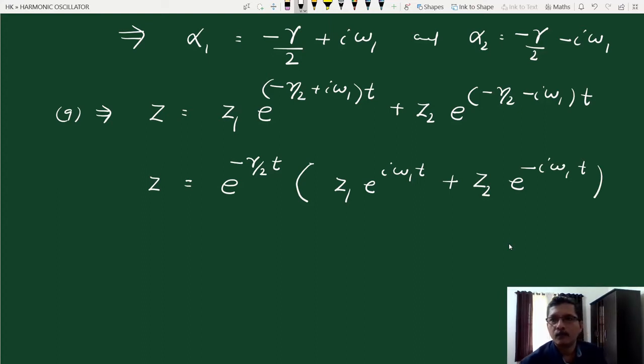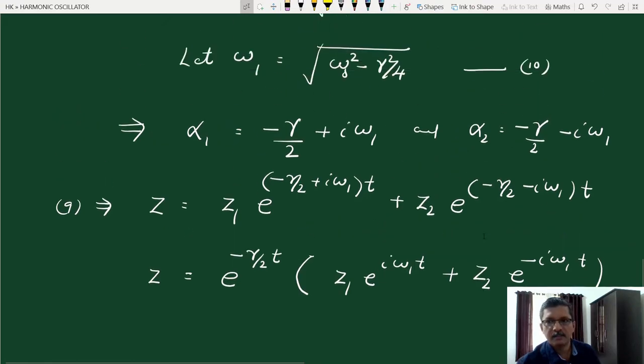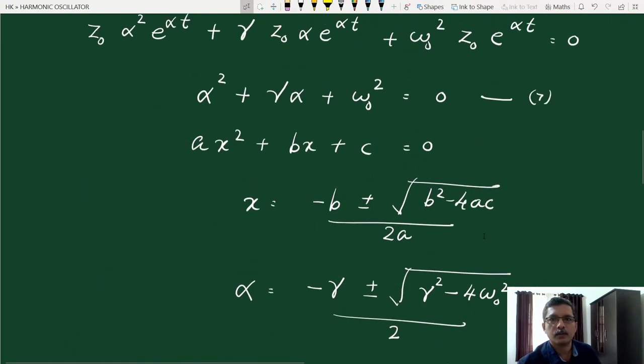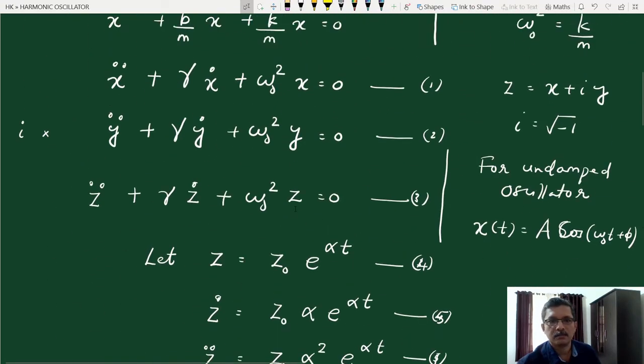Let's give the next equation number. This is equation 11, and this is our solution: e raised to minus gamma by 2 t, times z1 e raised to i omega 1 t plus z2 e raised to minus i omega 1 t. This is the solution of equation 3, the differential equation.